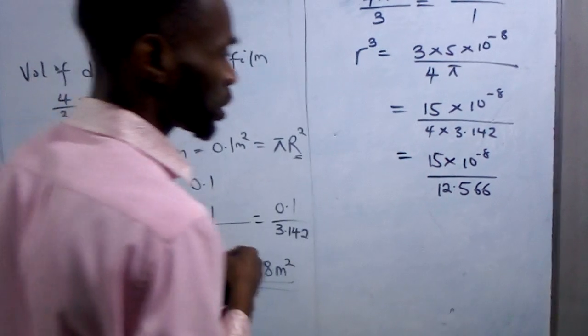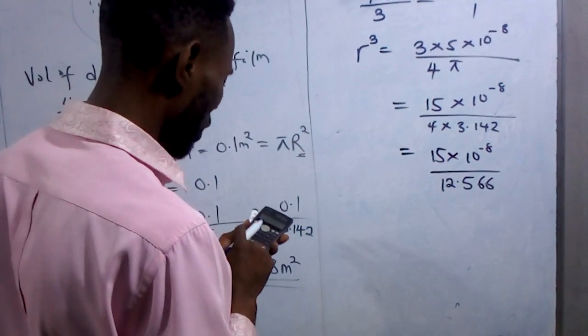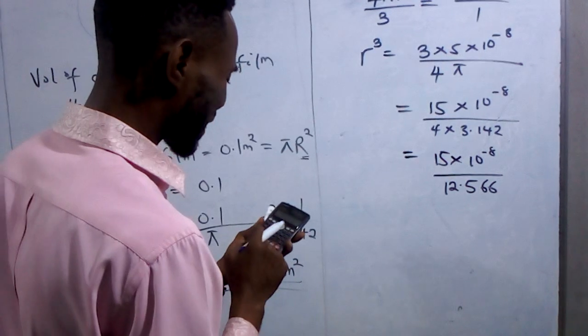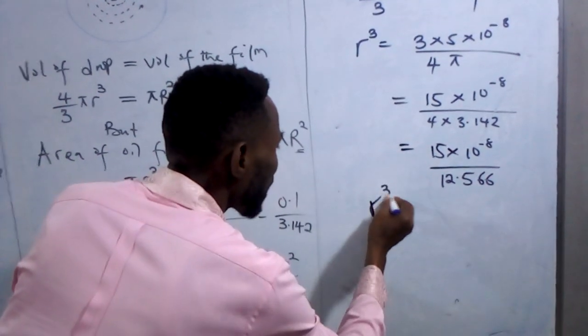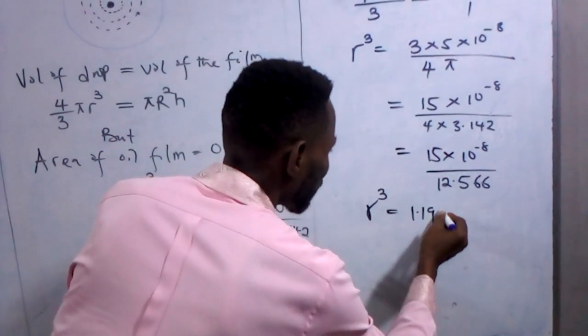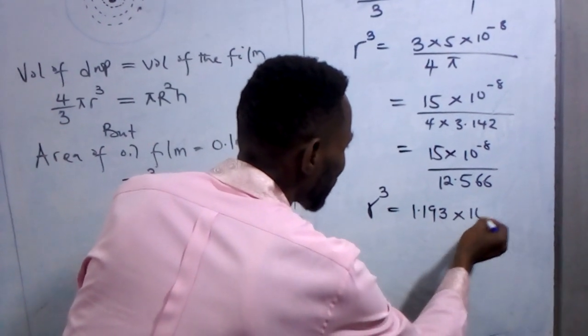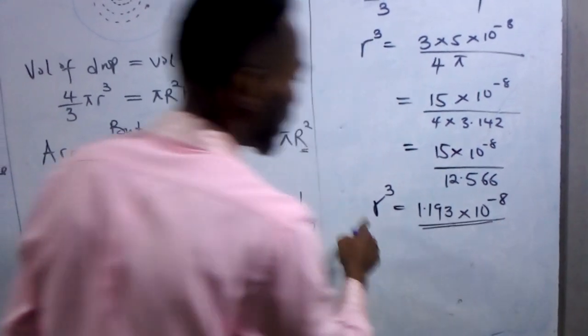At this point now we just divide directly. 15 divided by 12.566 will give us the value of our r cubed, which is 1.193 times 10 raised to the power minus 8. This is the value of our r cubed.